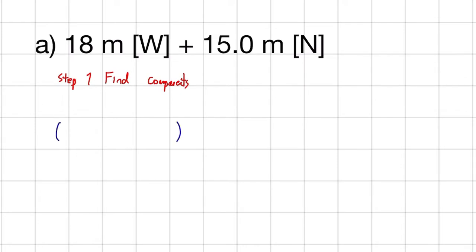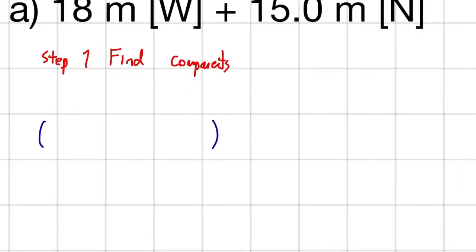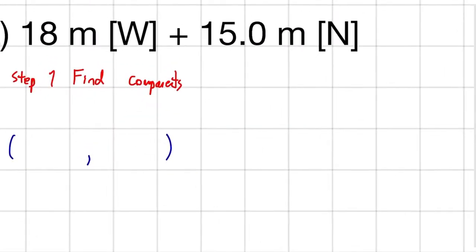So our first vector, we're going to be looking at 18 meters west. The first value on the coordinates will be our direction in the east-west, or the magnitude in the east-west direction. And then our second value in these coordinates will be the direction in the north-south line.